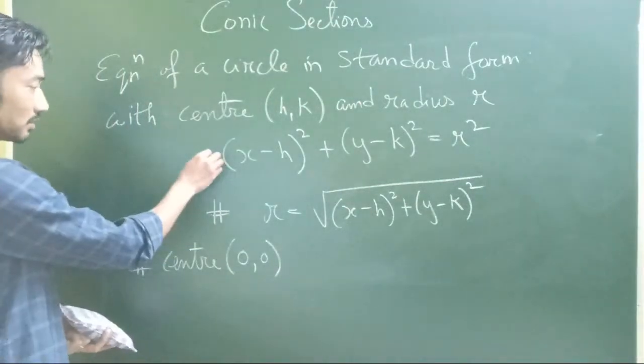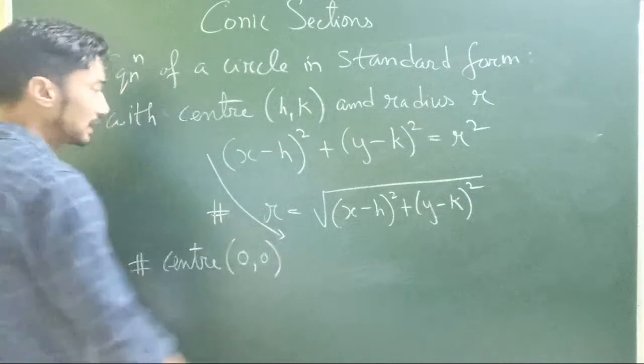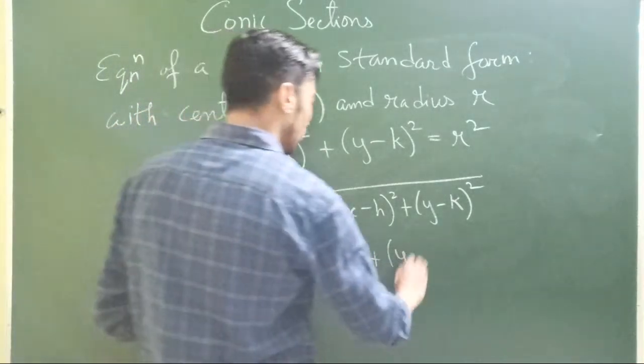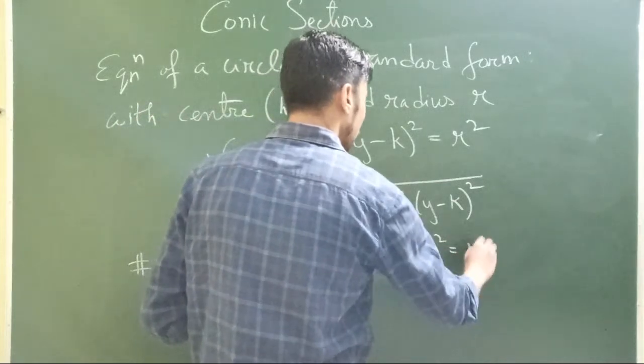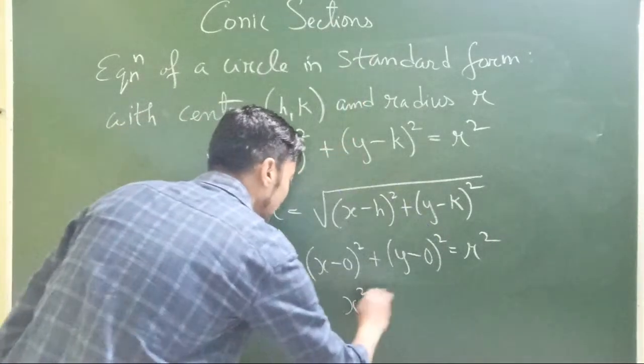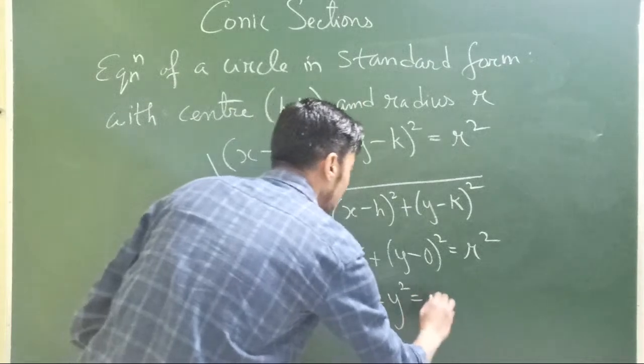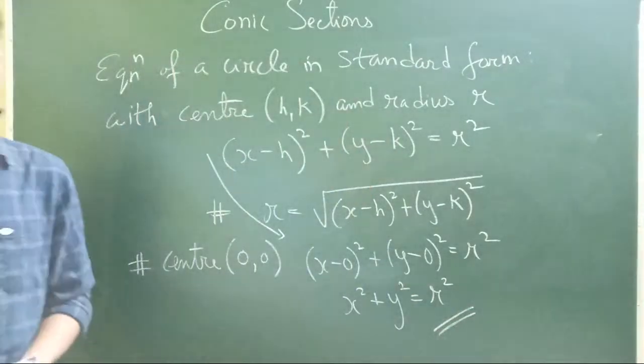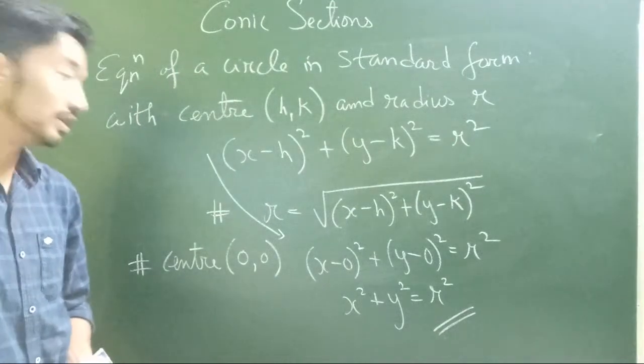It is going to be (x − 0)² + (y − 0)² = r². So that will give us x² + y² = r². So this is also another standard equation whose center is at the origin.